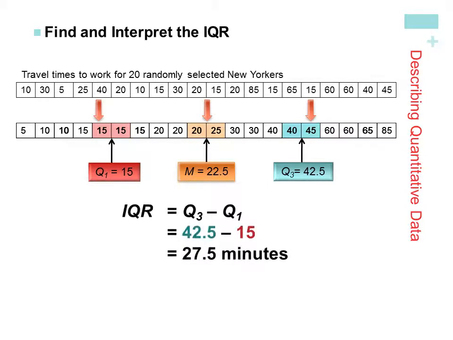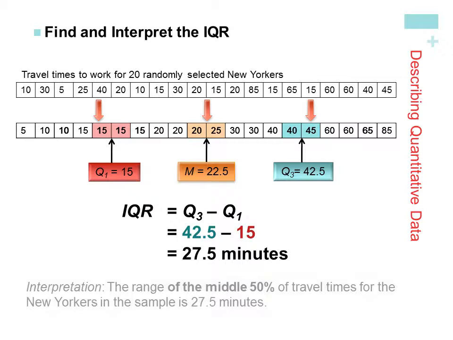Okay, so the interquartile range is just Q3 minus Q1. We said 50% of our data: here's 25%, here's 25%, here's 25%, and then the next 25%. So the interquartile range, the middle 50%, is 27.5 minutes. What does the interpretation look like?